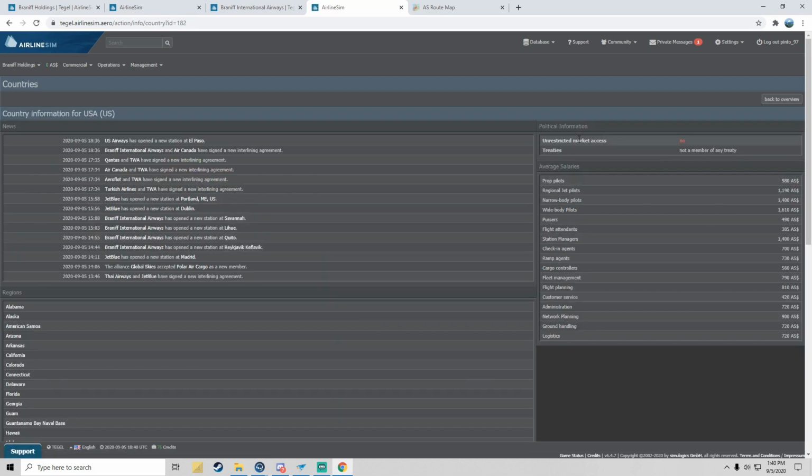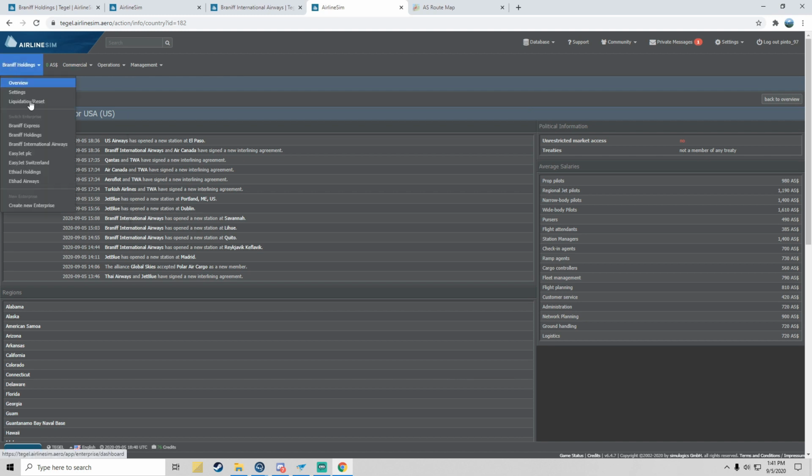Well, unrestricted market access. Well, what's that mean? And treaties: not a member. So these are two very, very important things to know. Unrestricted market access means you can't just come in and set up an airline there. So to run an airline in America, you have to be founded in America.